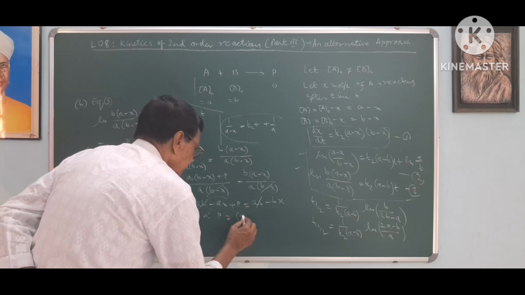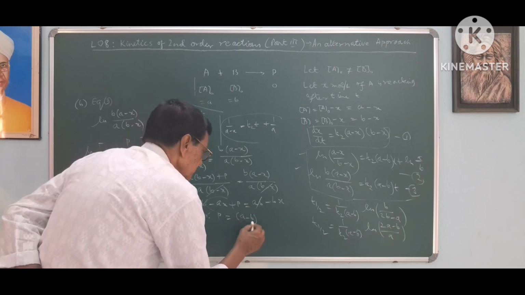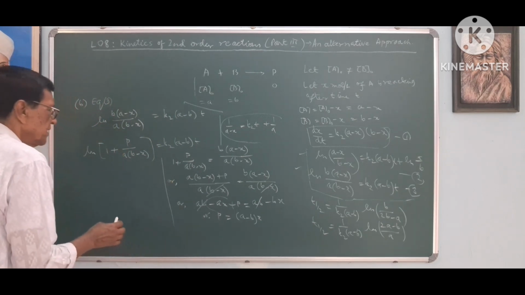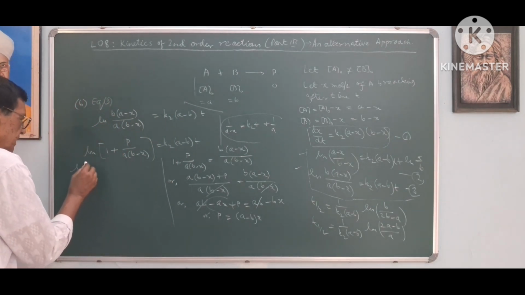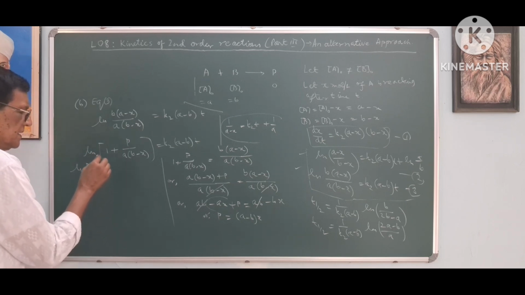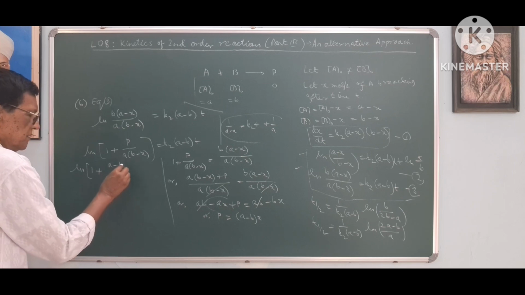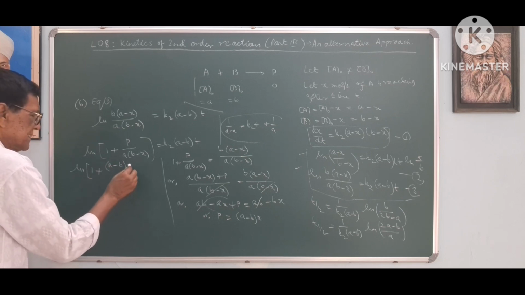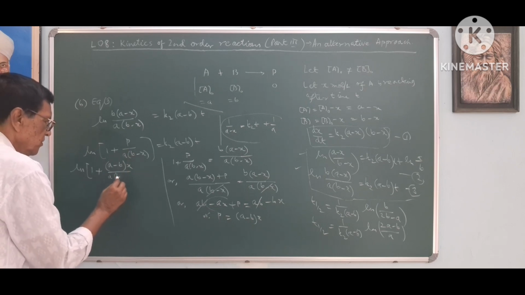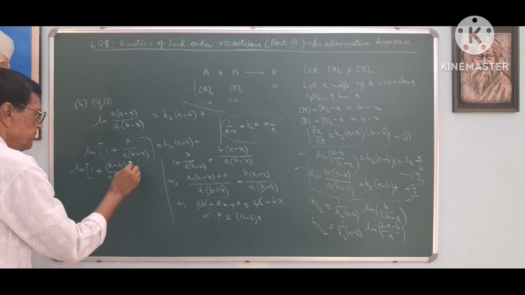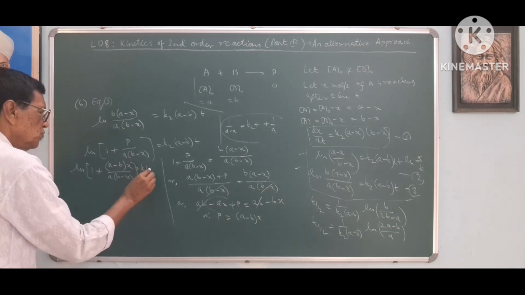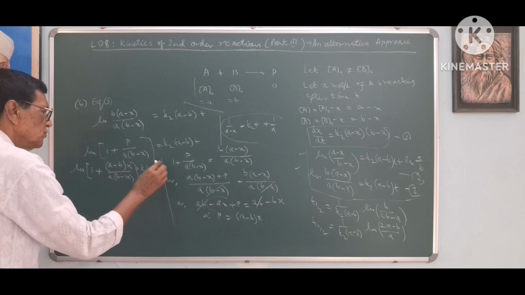So P equals (A minus B) into X. So instead of P, we can write ln of 1 plus (A minus B) into X divided by A into (B minus X), bracket close, equals k2 into (A minus B) into t.